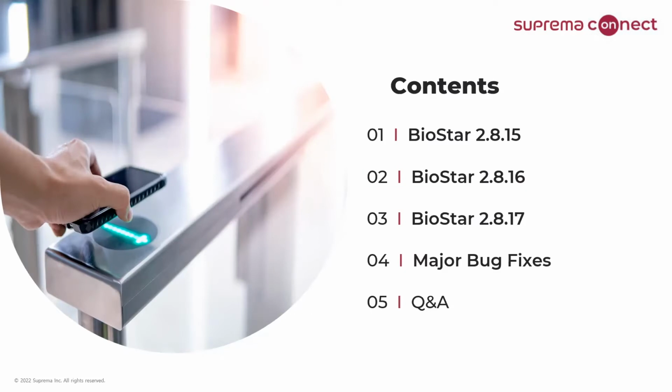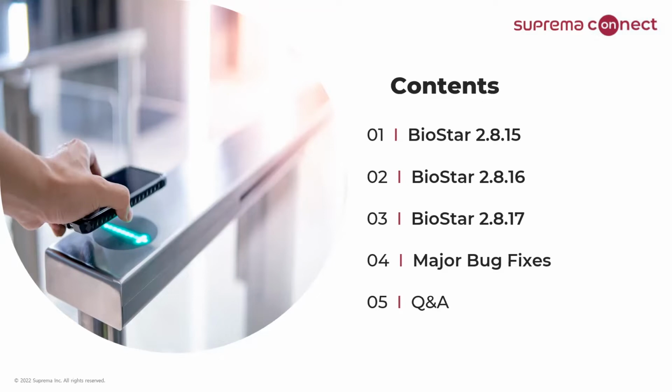Now, let's look at today's webinar content. Today, we will learn about three versions of BioStar 2: 2.8.15, 2.8.16, and 2.8.17. Of these, 2.8.16 is the version that has lots of improvements, so this is the part you should focus on the most.